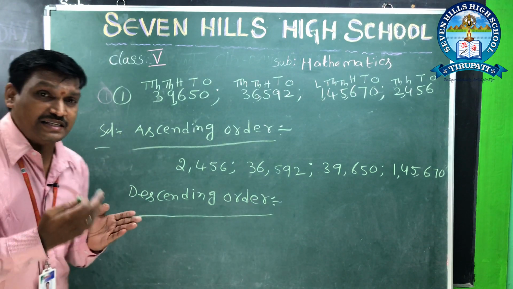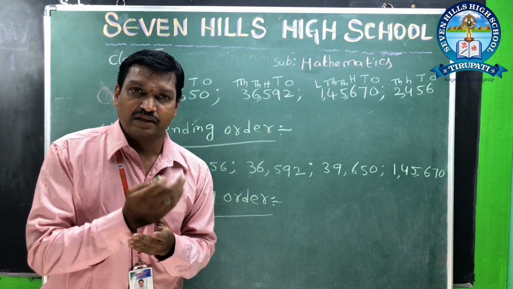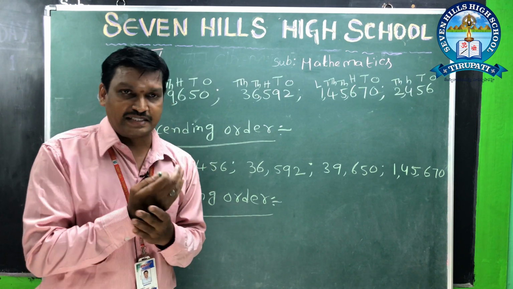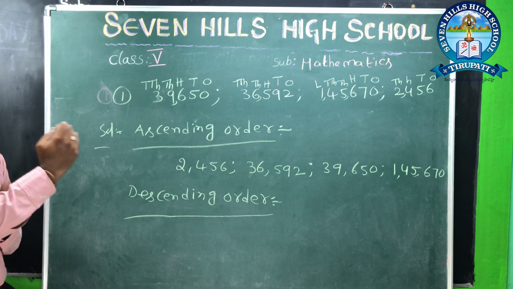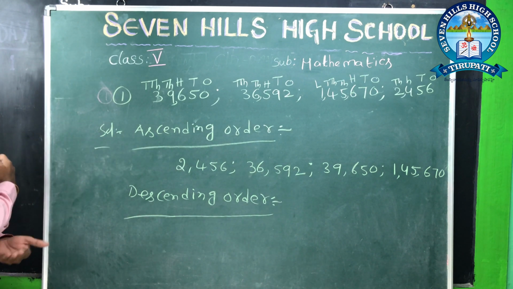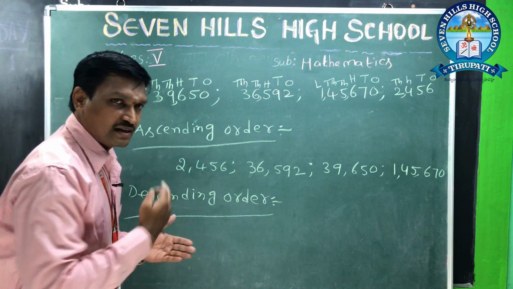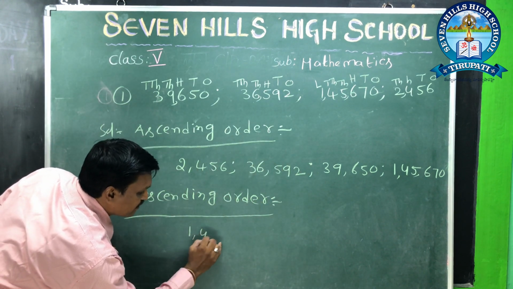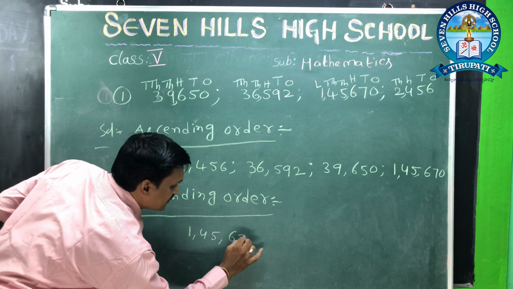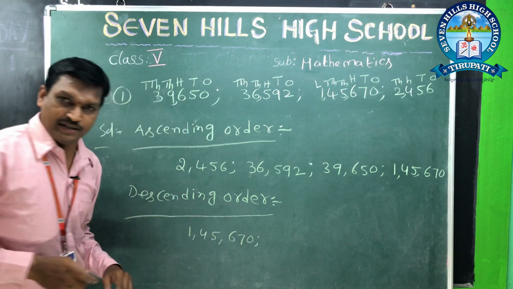Next, descending order. Once we write the ascending order of the given numbers, descending order is very easy to write. That means last to first. That means simply we can write in reverse order. Okay students? Yes. What is the last number here? 1,45,670.